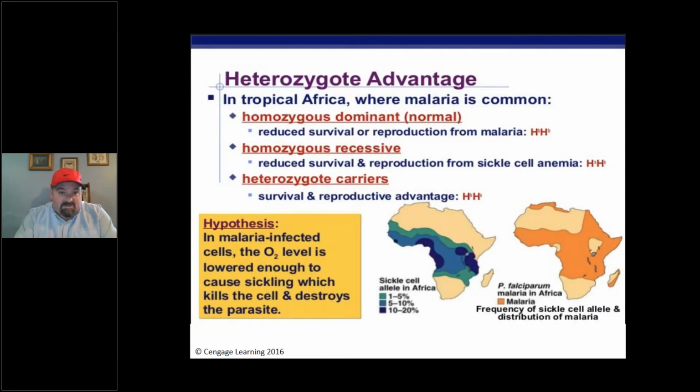This is something quite interesting, just of note, okay? The hypothesis is that in malaria-infected cells, the oxygen level is lowered enough to cause sickling. But because of the low oxygen levels, this sickling can also kill and destroy the parasite that causes malaria, okay?